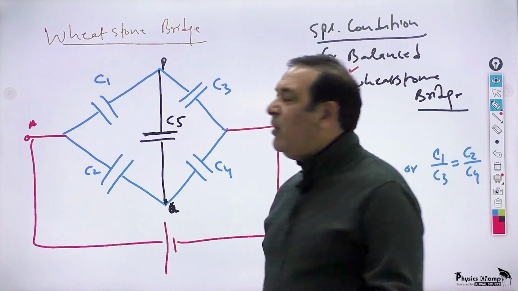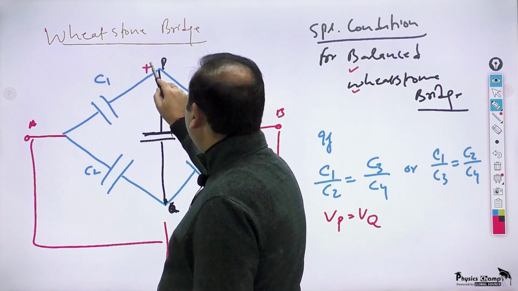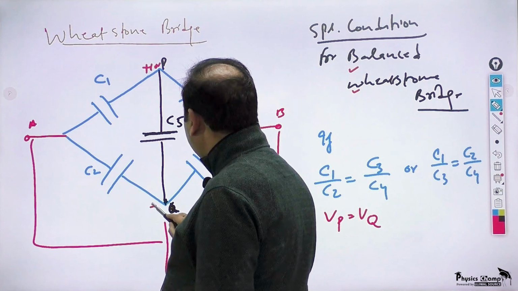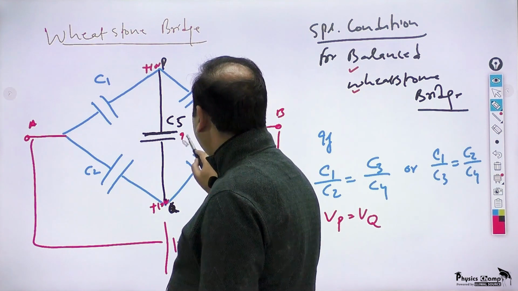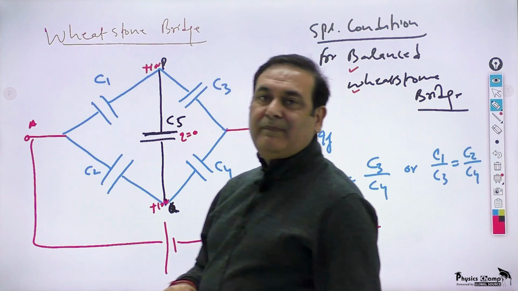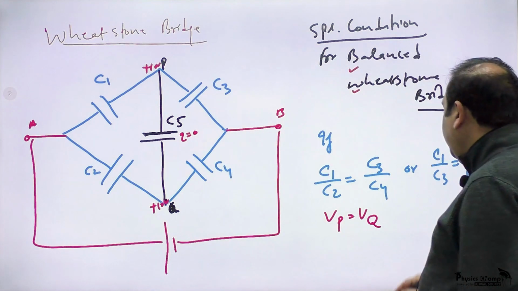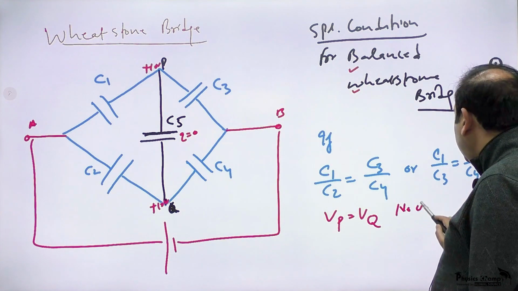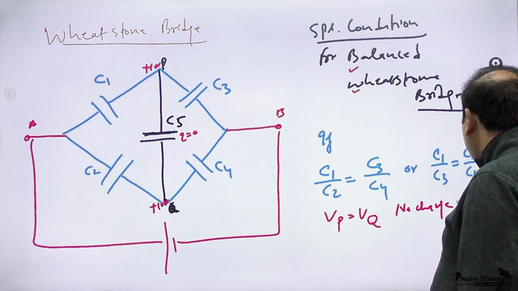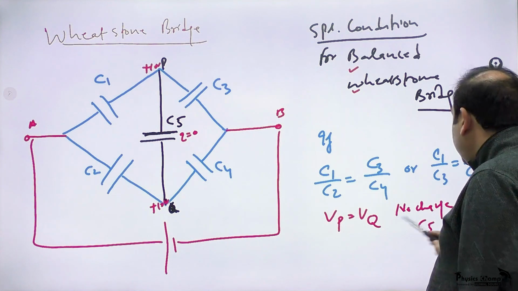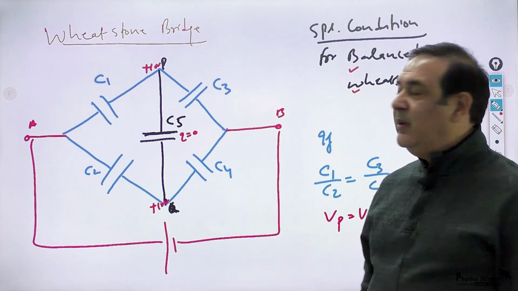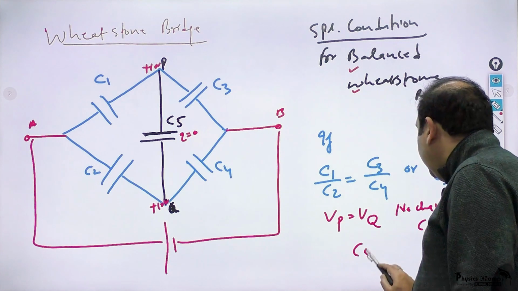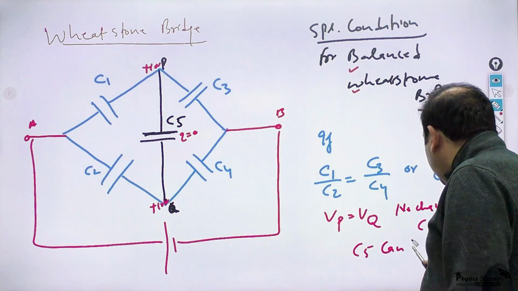If potential of P is, say, 10 volt and this is 10 volt, it means no charge will go here. It means no charge on C5. If there is no charge on C5, it means C5 can be ignored.